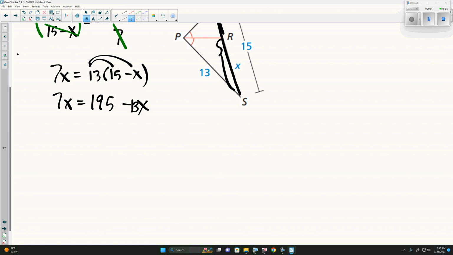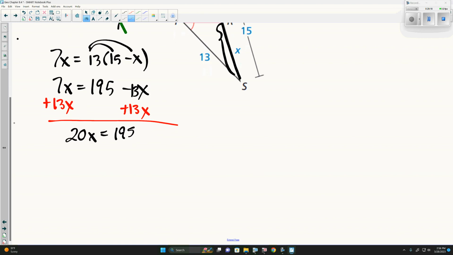Then what would we do next? Add 13x to both sides, and divide by 20, yes. Now we just need to see what 195 divided by 20 is.